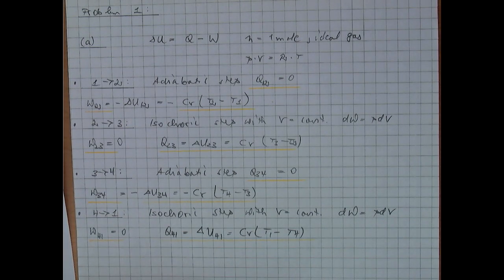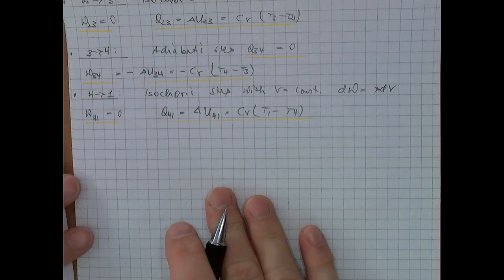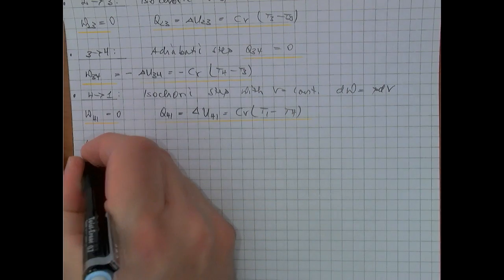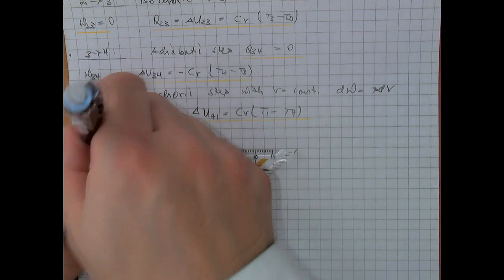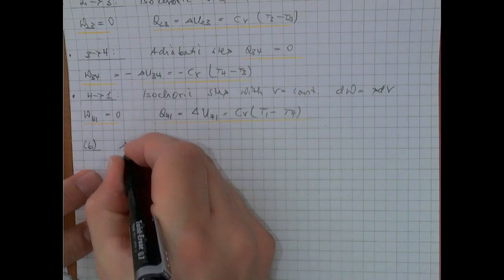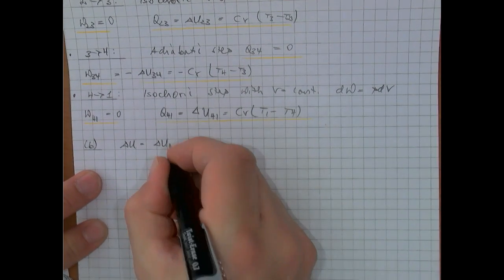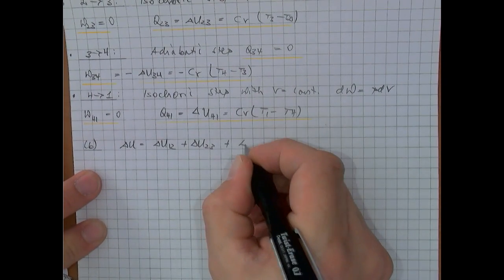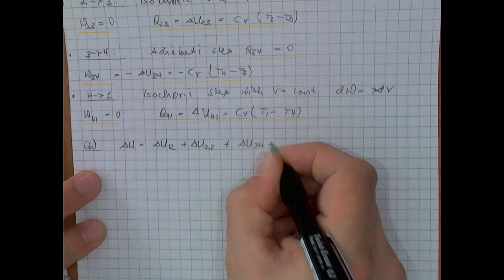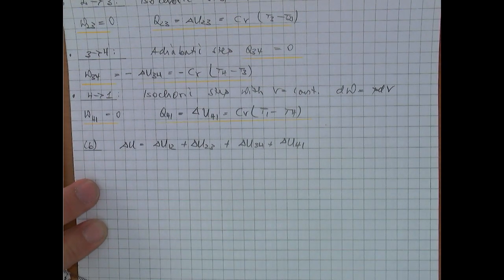So now let's worry about part B, to show explicitly that delta U equals delta U12 plus delta U23 plus delta U34 and delta U from 4 back to 1, that this equals 0.